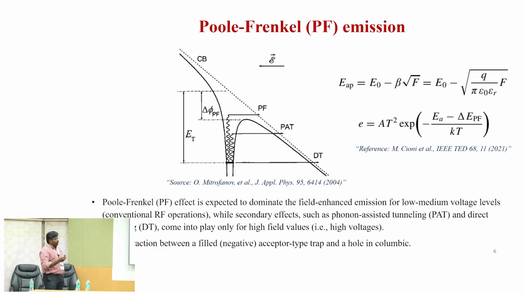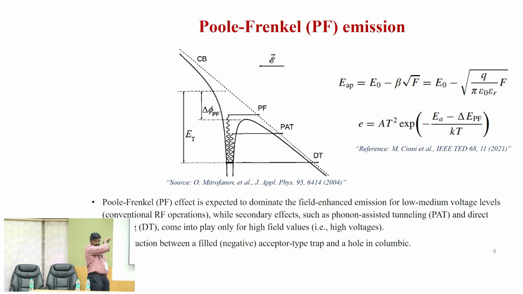So this is Poole-Frenkel emission. You see, for example, this is the actual barrier. Okay, so this is the barrier for the trap. If it is a normal case, it needs this much energy to emit to that side, and you can see the electric field is towards this side.